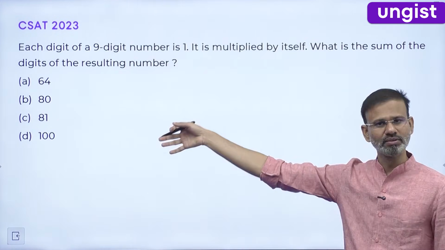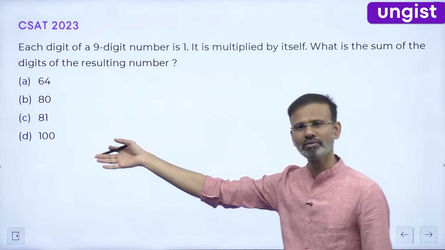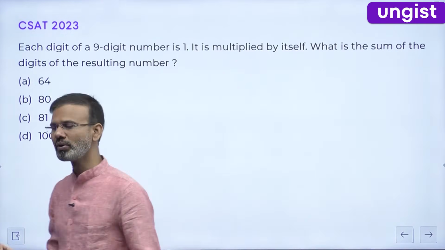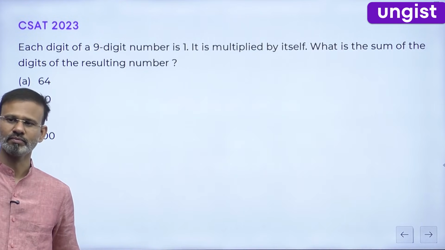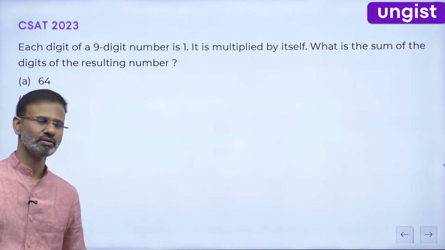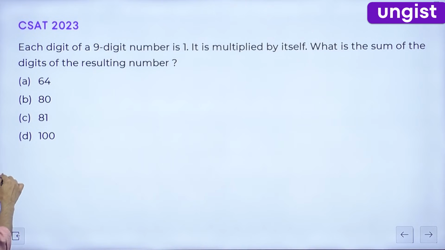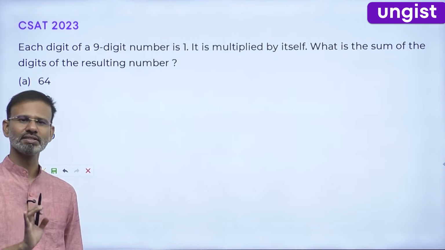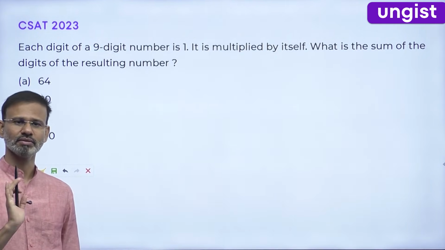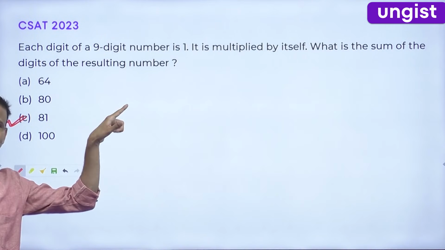The answer is 81. Correct, everybody? So there is no calculation, no mathematics, just observation. Right? No mathematics, guys. Just observation. Anyone? Any query? The answer is 9 square, which is 81. Now the similar question.